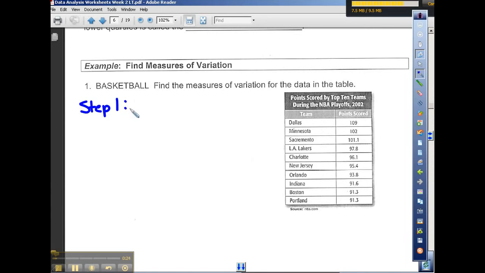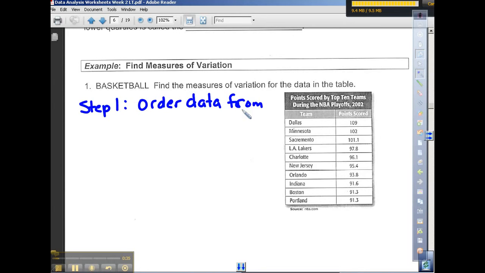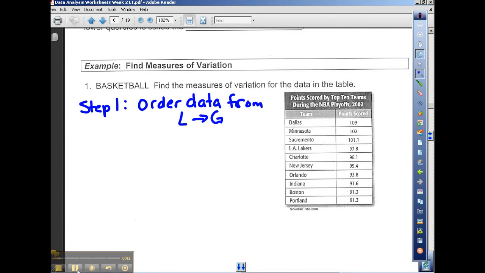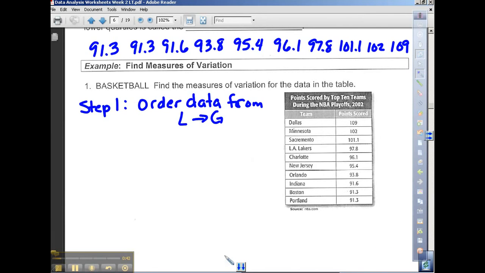Step 1, you need to order your data from least to greatest. Let's do that first. Okay, I've just ordered all that data from least to greatest, and if you look at this chart, it's already ordered from least to greatest. I just copied it all up here.